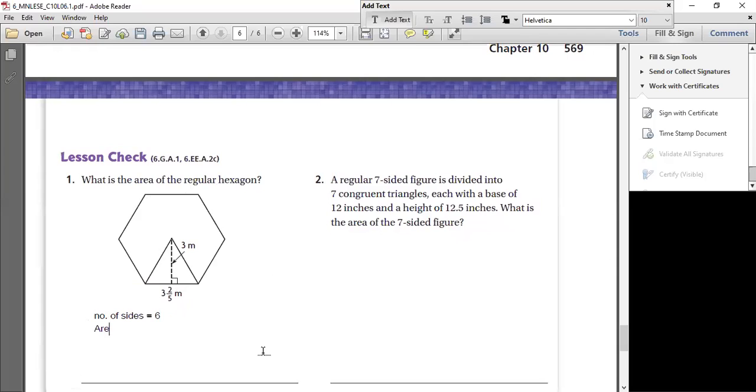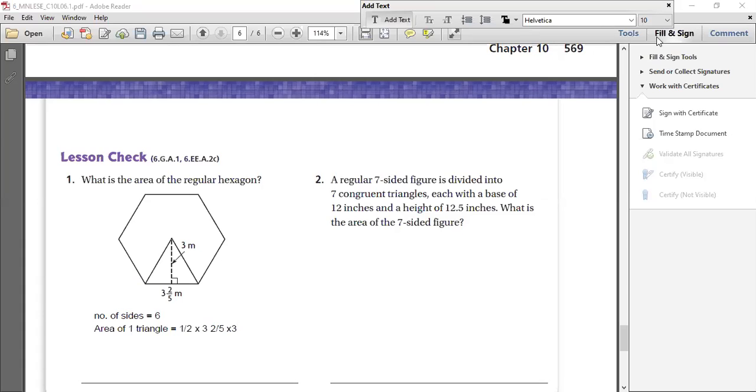Okay, so we will find the area of one triangle. So that's going to be half multiplied by 3 and 2 over 5. Now I have to write it very carefully. 3 and 2 over 5 multiplied by 3. Now again I have to go back to the white screen and show you what it is. So that's going to be 1/2 multiplied by 3 and 2 over 5.